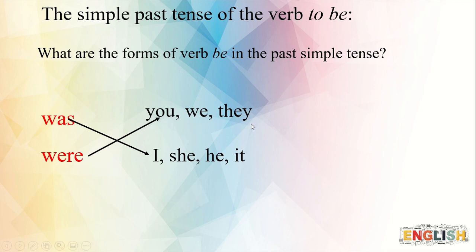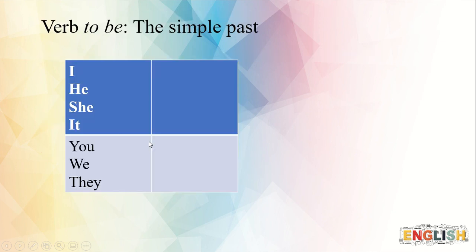You can see that these are plurals, though you can be used for a single person, and all these are singular. So we have I, he, she, and it was. You, we, and they were.